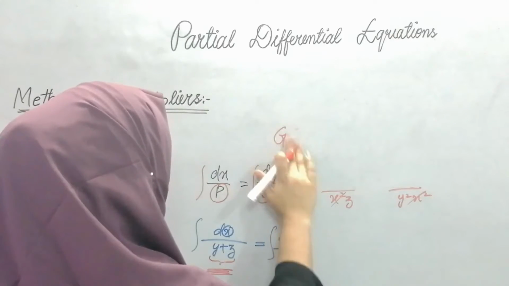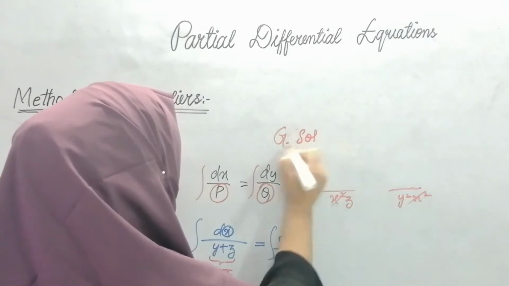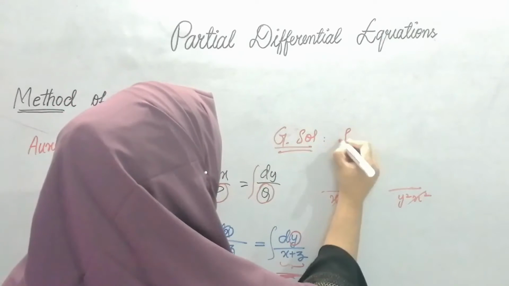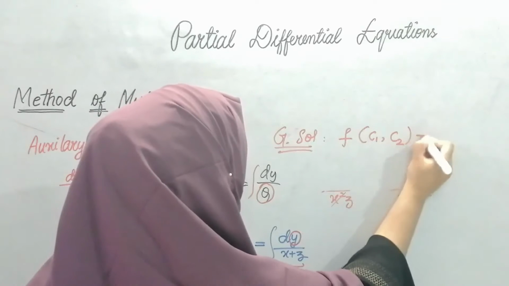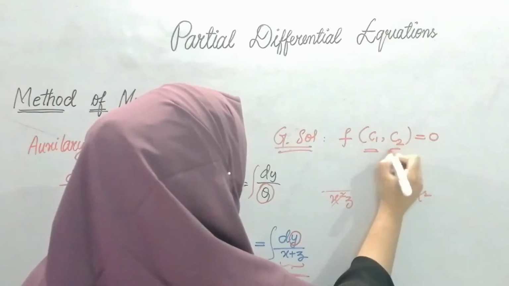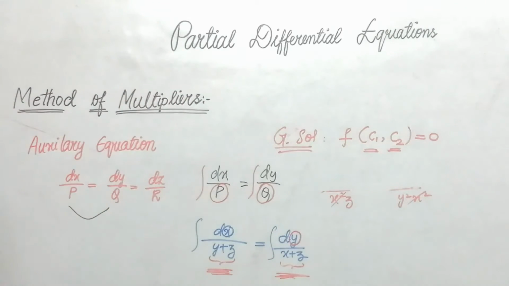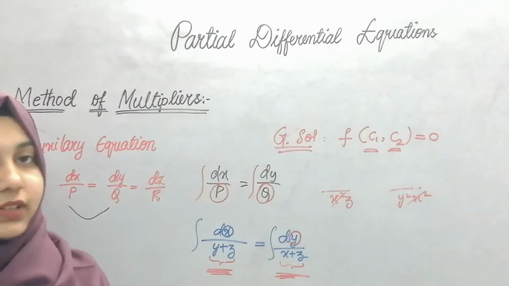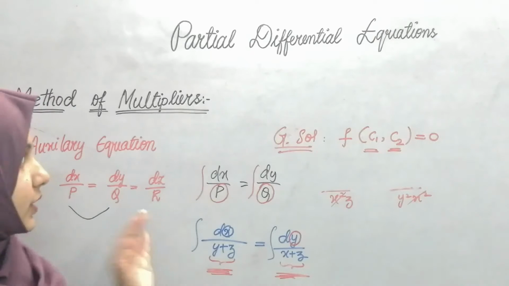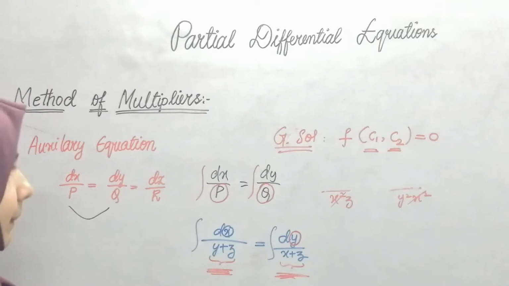The general solution is what? C1, C2 is equal to 0, isn't it? I need to find C1 and C2. So if I'm not able to perform integrations, I will not be able to find the values of C1 and C2, the general solution. Okay, that's why we are going with the method of multipliers.